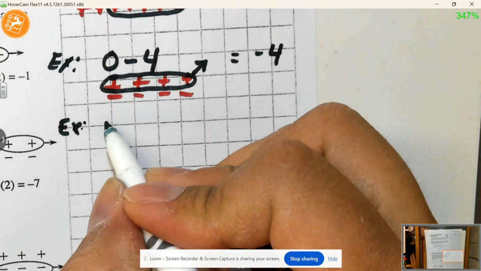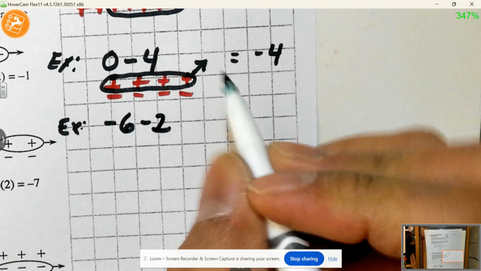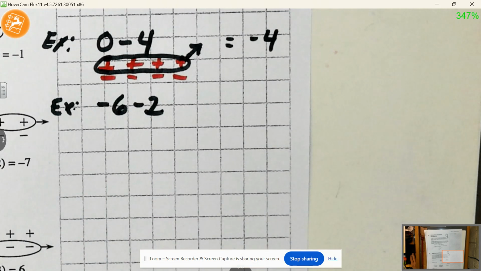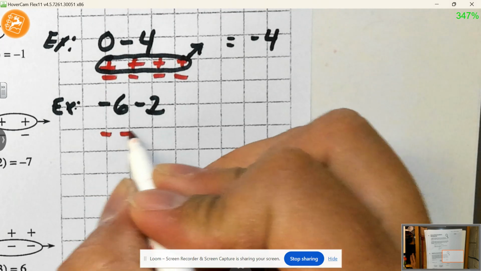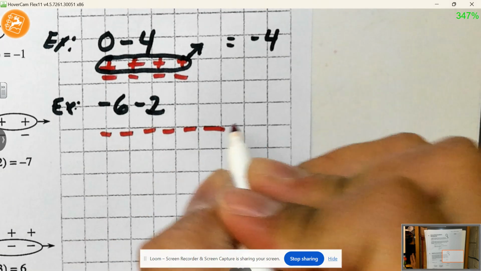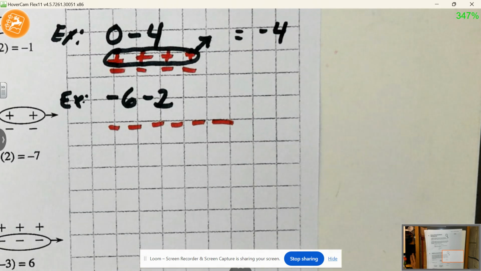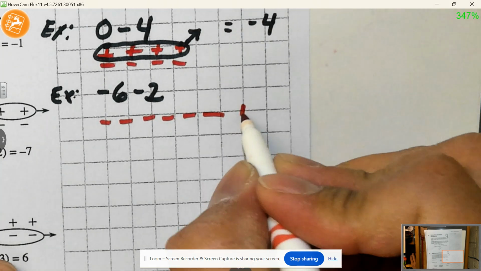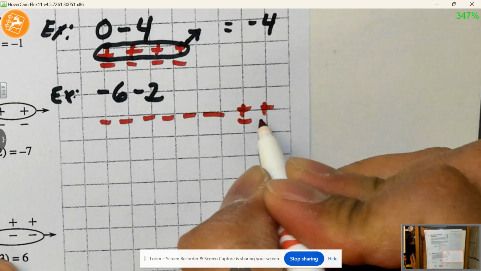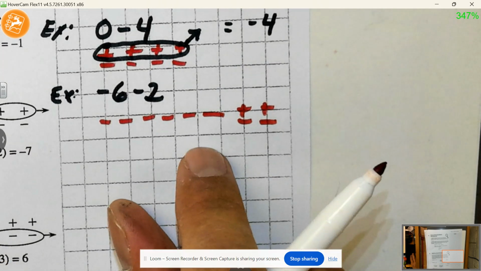We have negative 6 minus 2. All right, so here's what you should have. 1, 2, 3, 4, 5, 6. And we're taking away 2 positives. We don't have any positives, so that means we need to add 2 0 pairs.